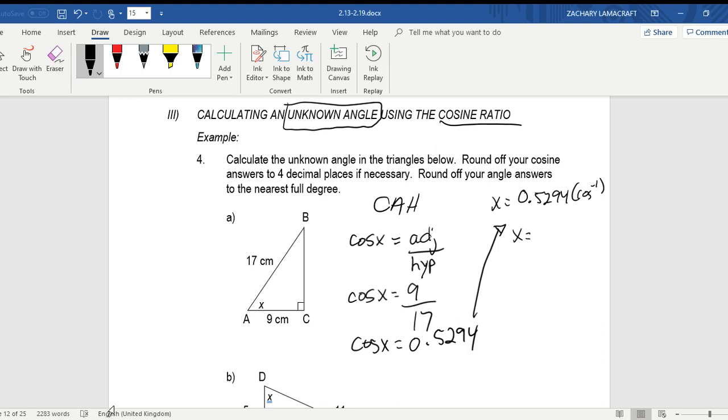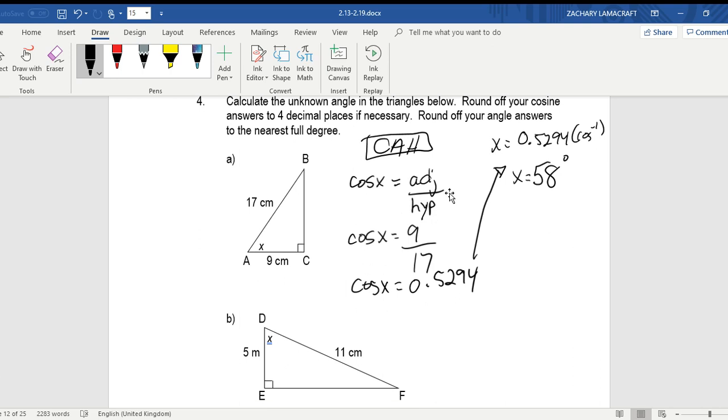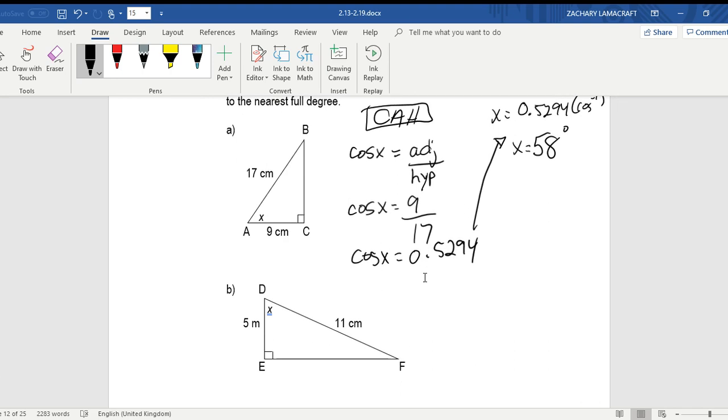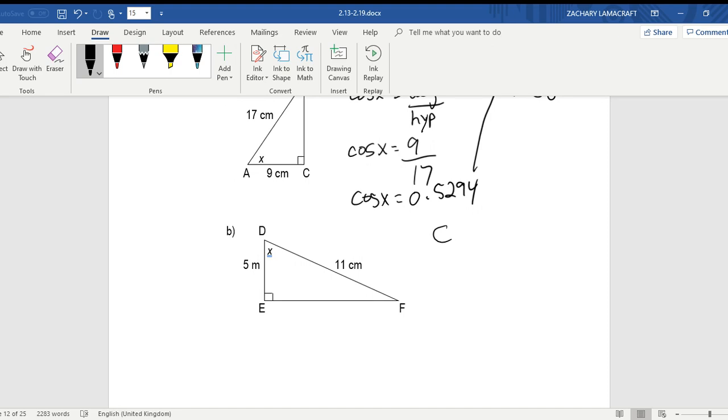Once again, 58 degrees. All right. So we have our acronym at the top, and we went through our whole stipulation here of using our side lengths to get us a ratio. And once we got that ratio, we used the inverse or that -1 button. Okay, we're going to continue here.